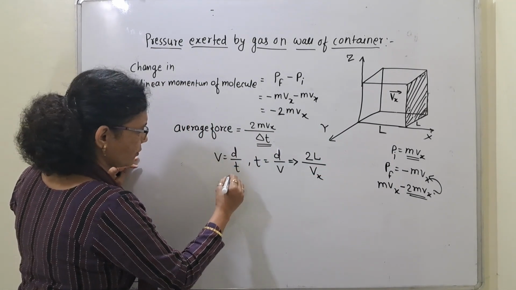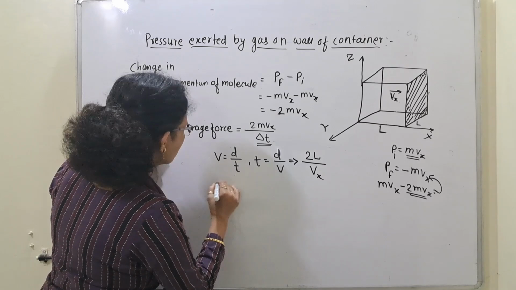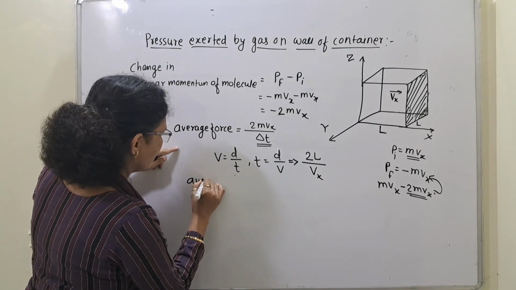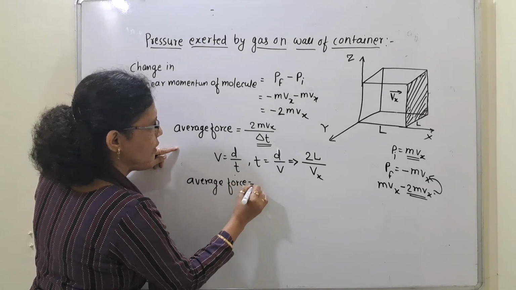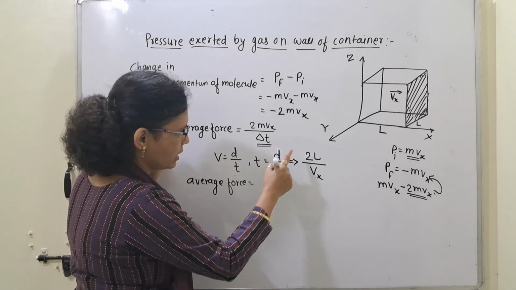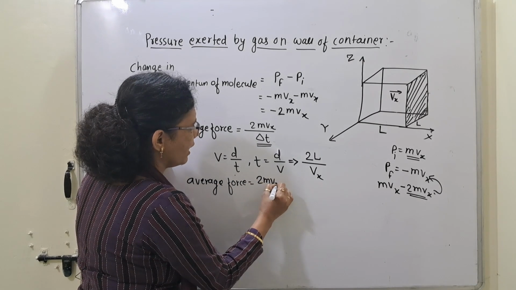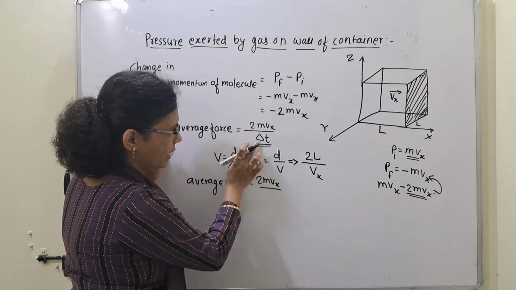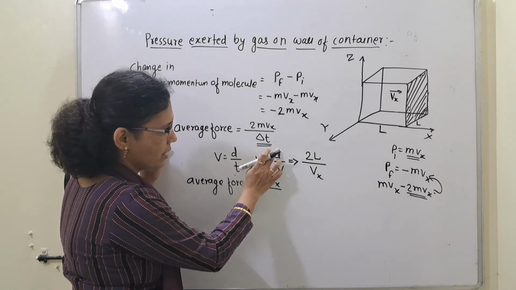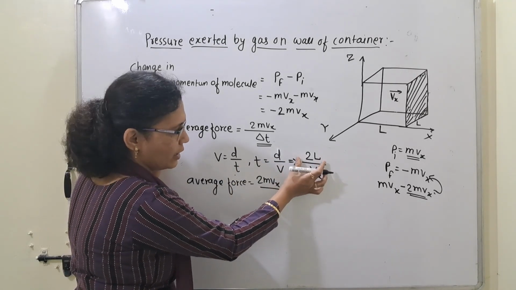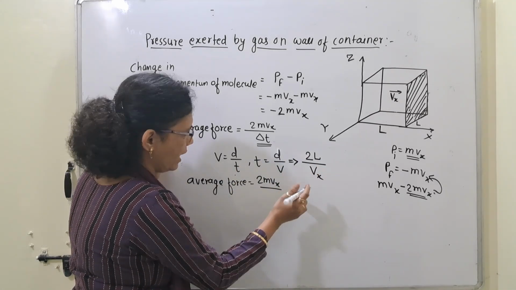So after this, what will be the average force? Average force is 2mvx upon delta t. What is the value of delta t? That is distance upon velocity, so delta t is 2L upon vx.